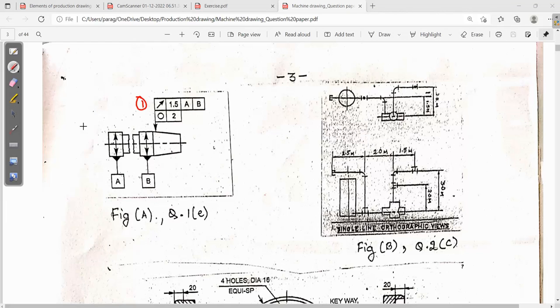Just I will write down the interpretation for this first symbol.